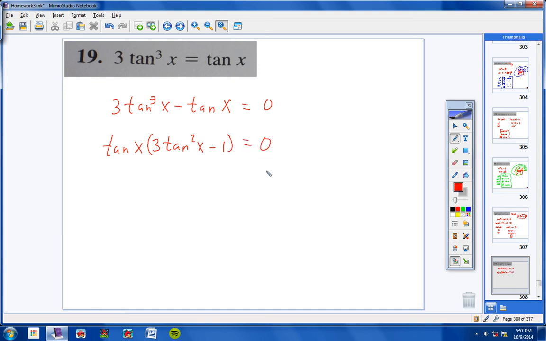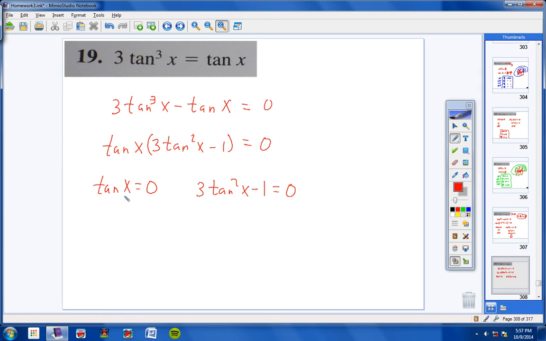Now take each group and set each group equal to 0. So tangent x equals 0, and then 3 tangent squared x minus 1 equals 0.